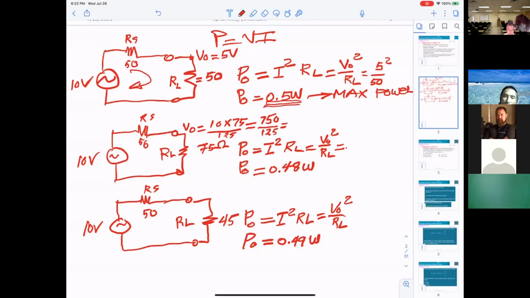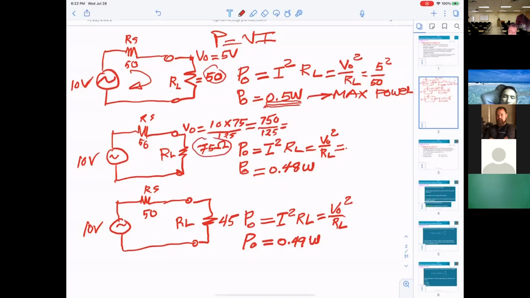Okay, now what is the difference? The difference here: you get 50 ohm, load 75, and so on. The reason you get the maximum power is that you have 50 ohm here and 50 ohm here.